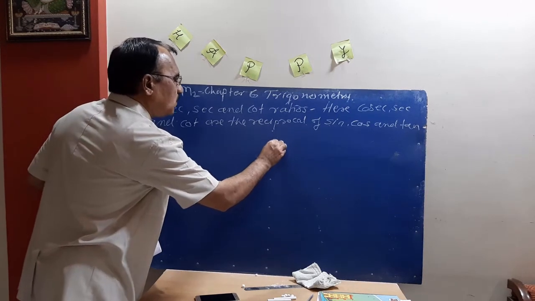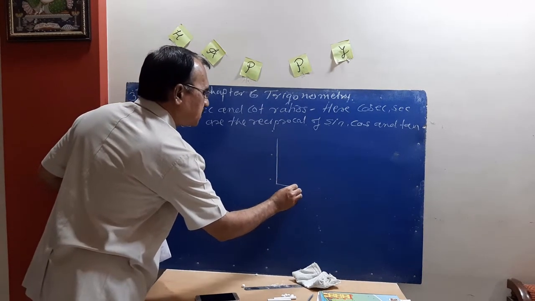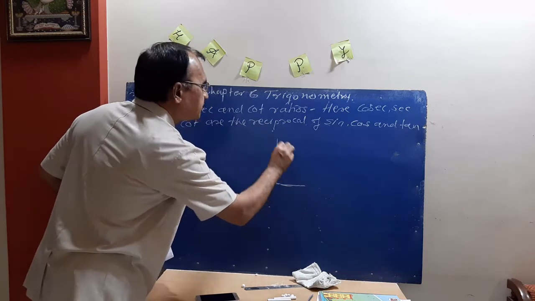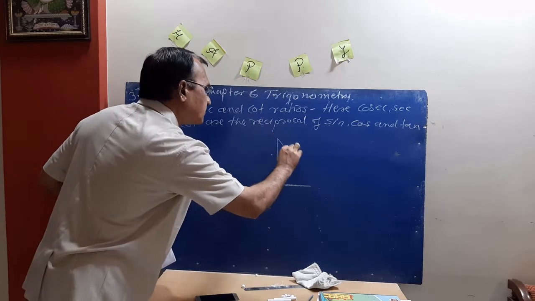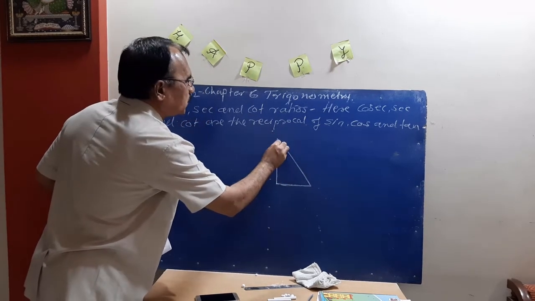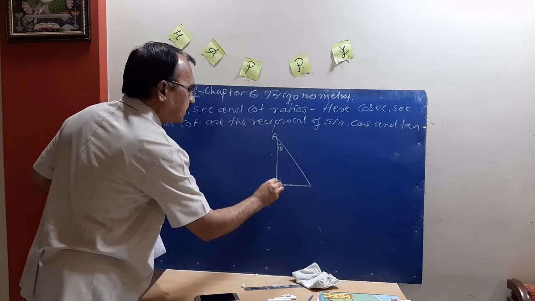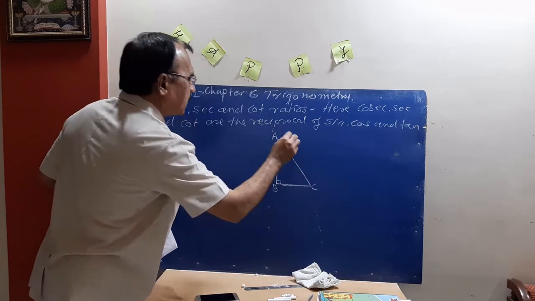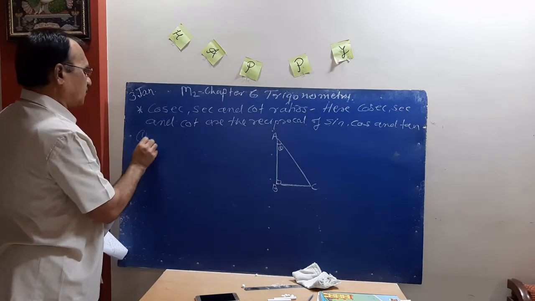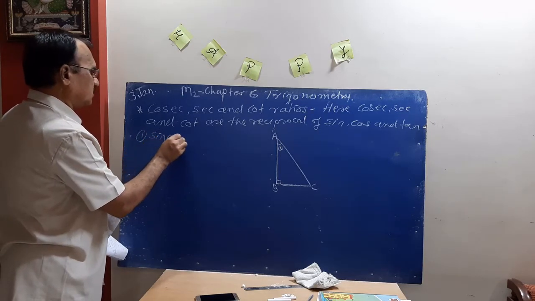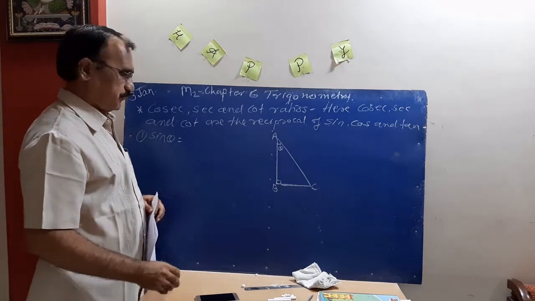Draw again one right angle triangle. See how these are the reciprocals of each other. We can write all the ratios again. Right angle triangle ABC. It is not necessary now to write the definition of each ratio.